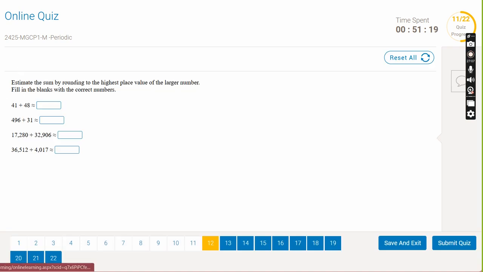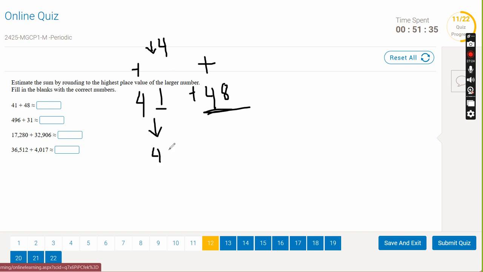The same thing we will do here. We have 41 and 48. The larger number is 48, so the highest place value is tens here as well. So 41 will be rounding downwards because it has 1, which is included in 4 or less. It will become 40, and 48 will be rounding upwards because it has 8.